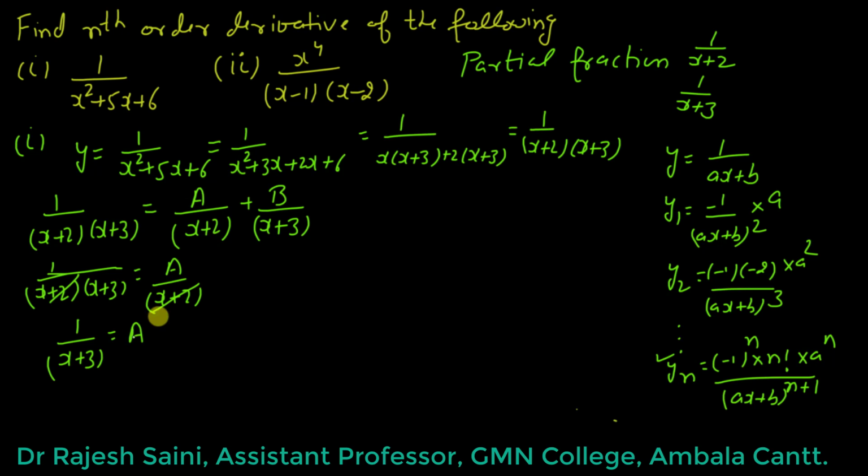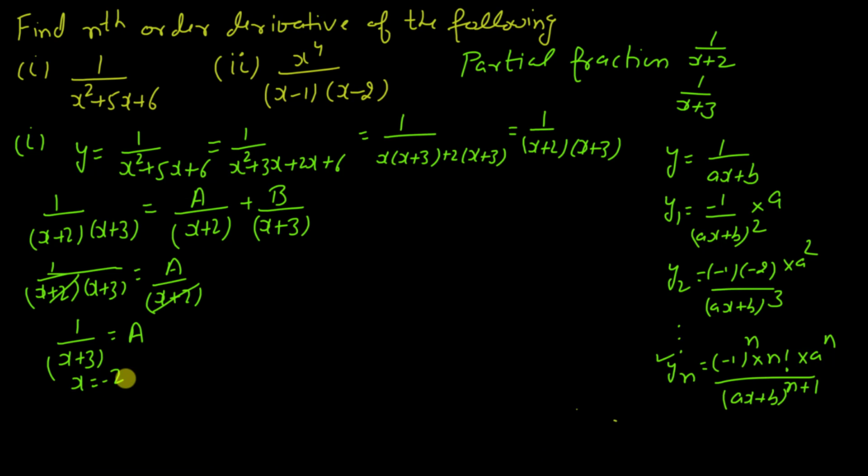Fine. So put here x is equal to minus 2. This will imply minus 2 plus 3 will be plus 1. So a will be 1.